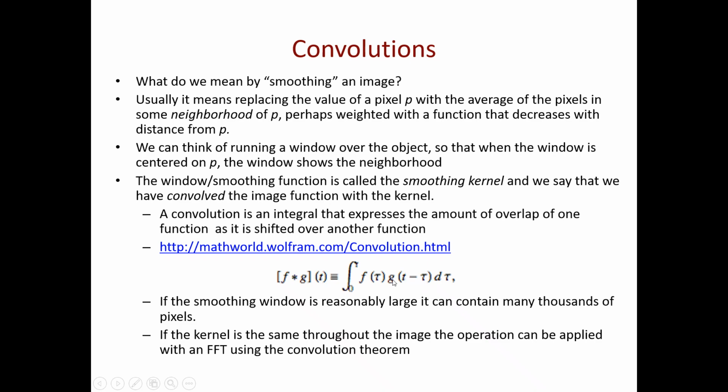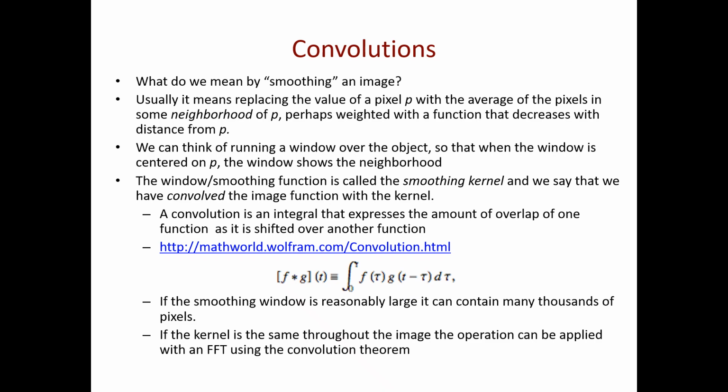Now, when it comes down to the image, if I'm walking over the image, what this integral is really is summation of discrete values. Okay? So you will often have something that is called a kernel associated that is basically representing this function you're convolving with.